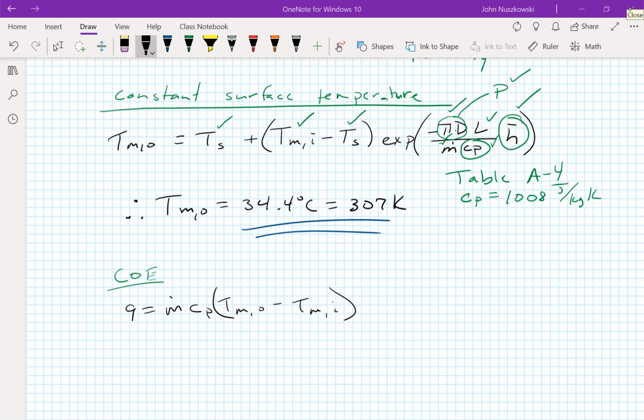If we look at that, we have temperature in, we solve for temperature out, we have mass flow rate, we already grabbed Cp.